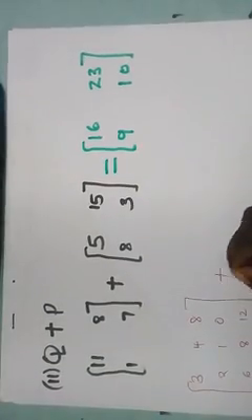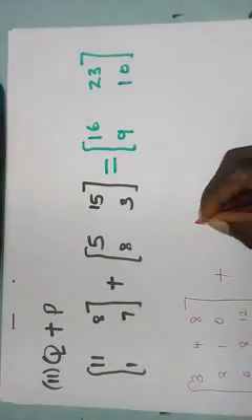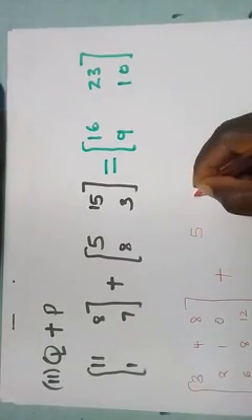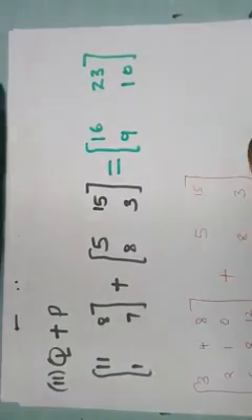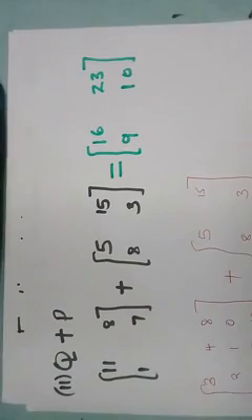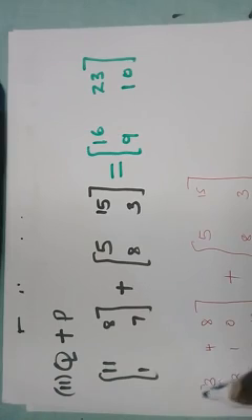We are adding to matrix Q, which was given by 5, 15, 8, 3. As you can see, students, the first matrix is a 3 by 3. We have 3 rows and 3 columns, and this is a 2 by 2.